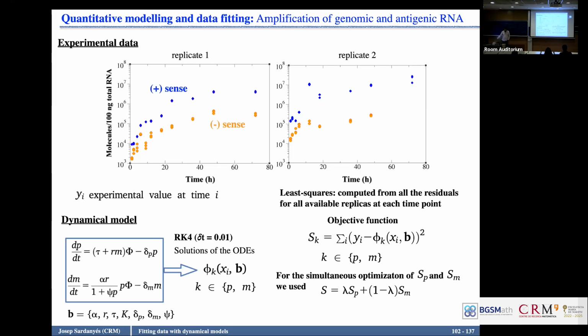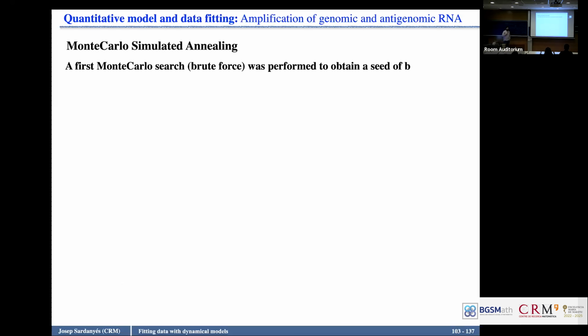So here we have this objective function, the least squares of the residuals, computed simultaneously with this Pareto function, and then we applied the simulated annealing. The first thing I did was look for a seed for the simulated annealing, and I did it by brute force. I made a Monte Carlo simulation, with a lot of parameters and a lot of times, to get the seed.